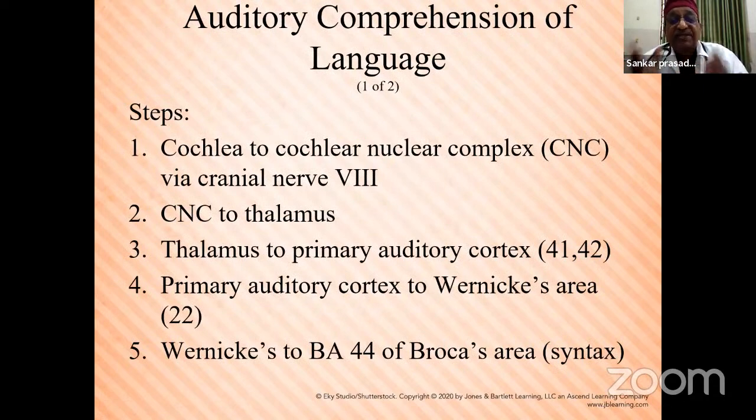So what are the steps? What are the steps which the cochlea, this is the auditory input that comes to the analysis or process.